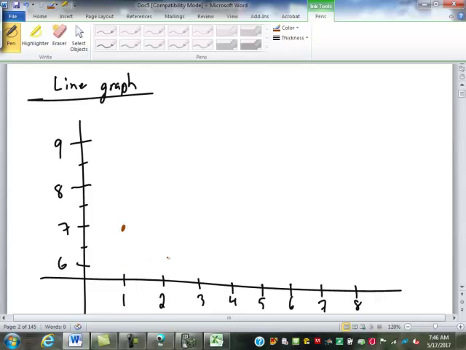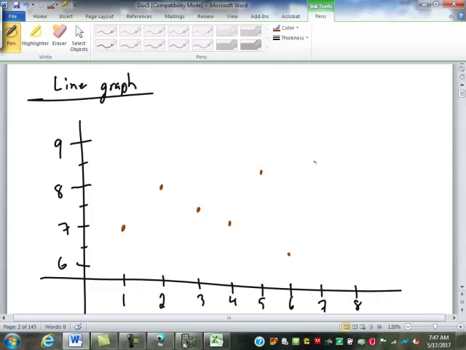So I put a dot at 7. Second sample is 8. So I put a dot at 8. Third sample, 7.5. Put a dot there. Fourth sample, 7.25, right there. Fifth sample is 8.25. Sixth sample is 6.5, so it's down here.